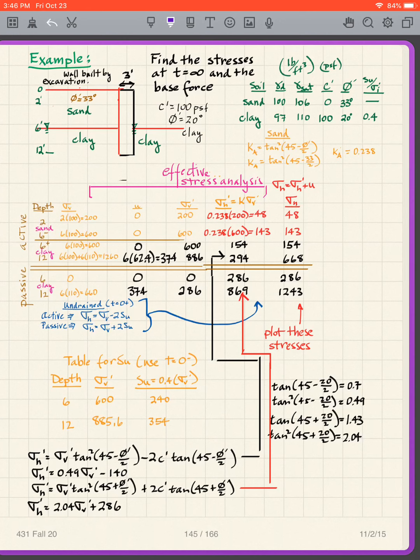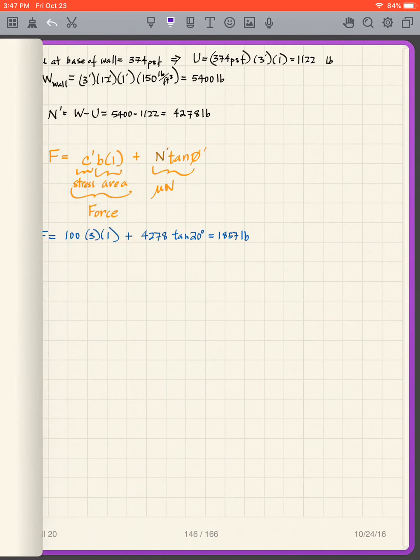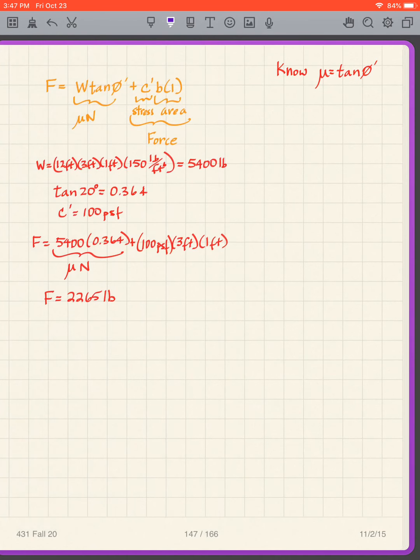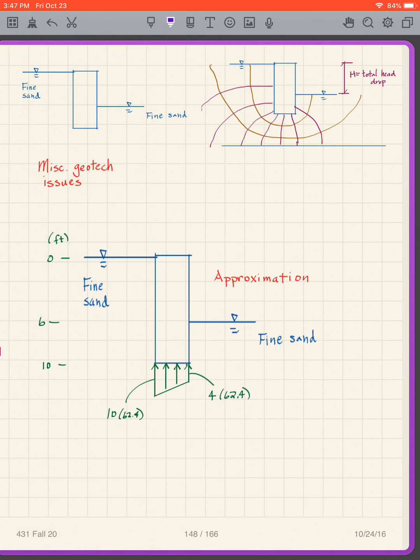Okay, so let me just, well, you can do the sand. And there may be a little bit of a mistake here, but let me just double check here. Oops, I didn't go through it all. Okay.